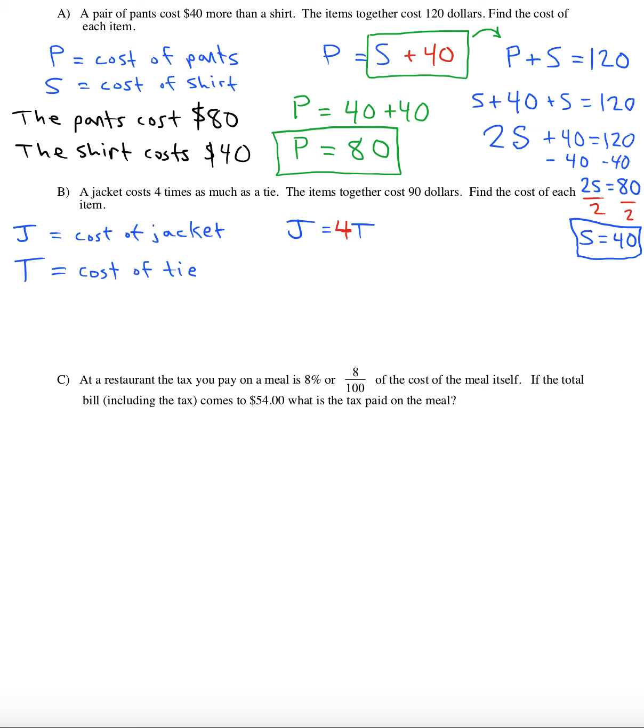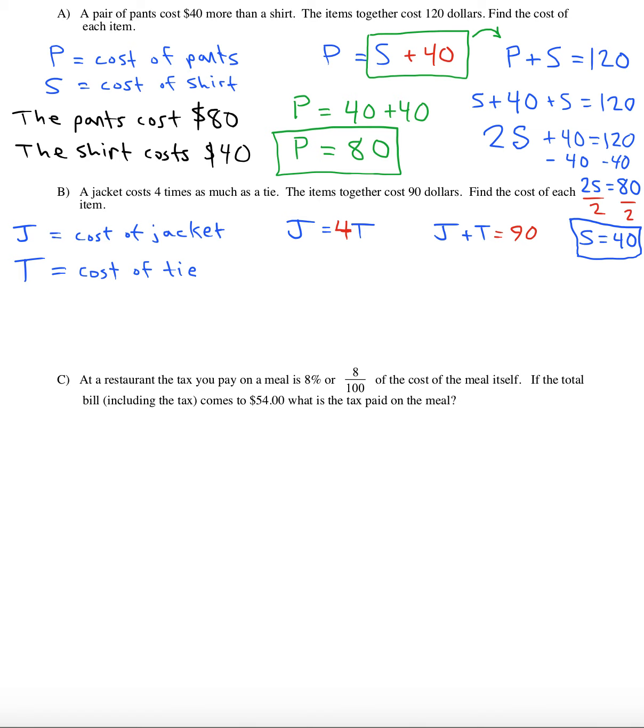Okay, we also need one more equation. The items together cost $90. So the jacket plus the tie equals 90.